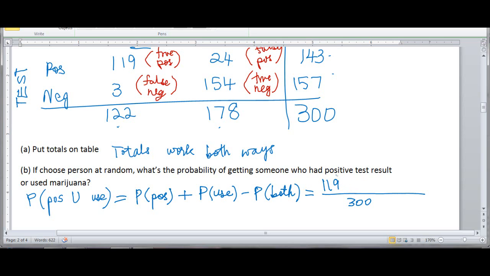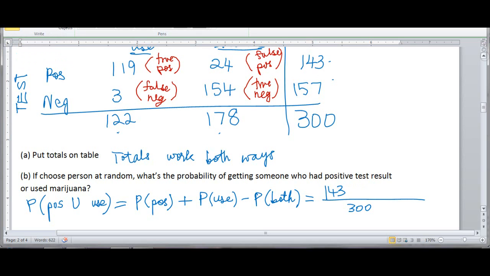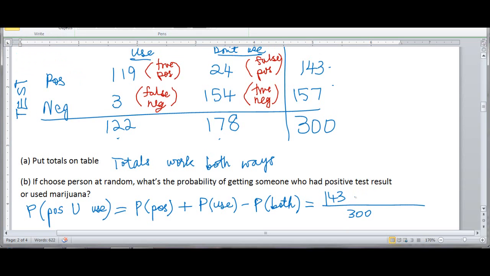So how many people tested positive? 143 total. How many people use marijuana in our sample? 122. And how many do both, meaning they tested positive and they use marijuana? Right here, that's 119.